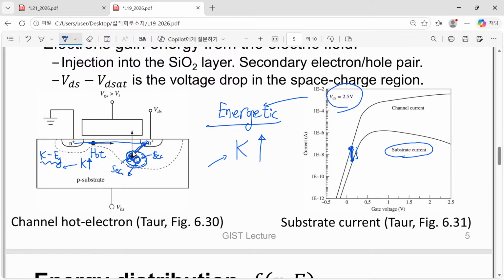If these electrons become hot, then they can induce impact ionization, and additional electron hole pairs are generated, and they work as the source of leakage current. So unwanted current can be generated by this impact ionization. This is undesirable.